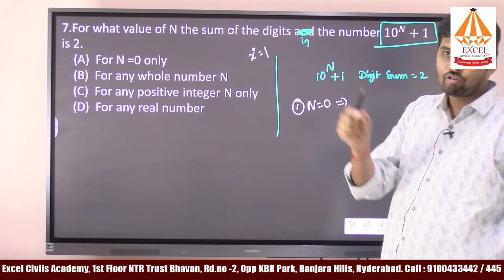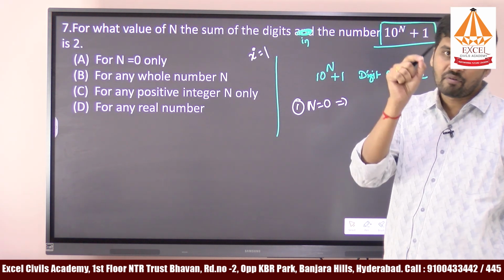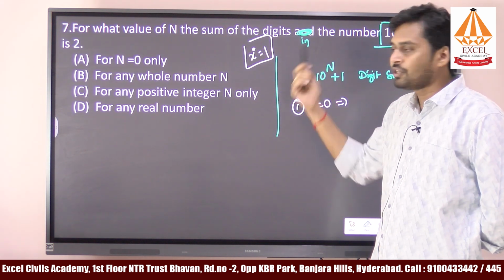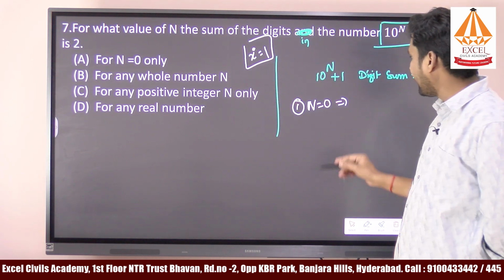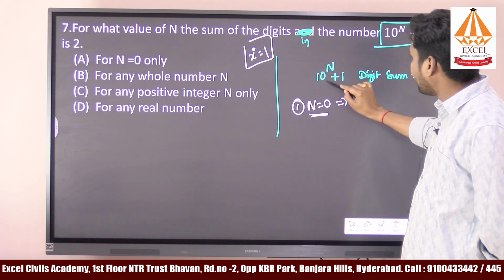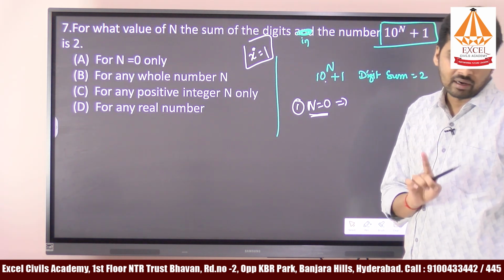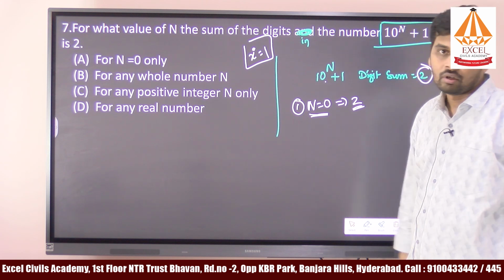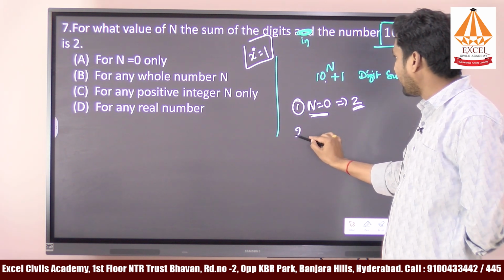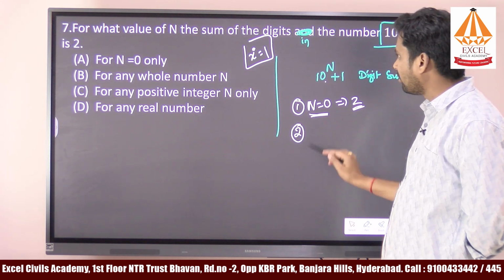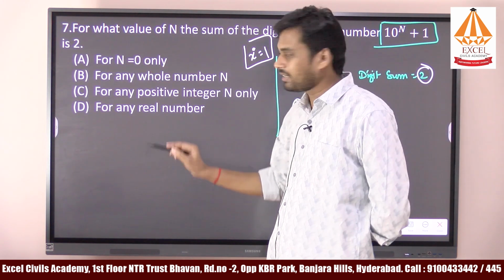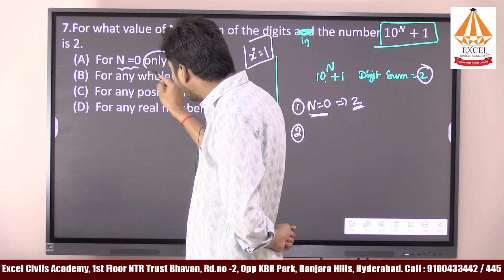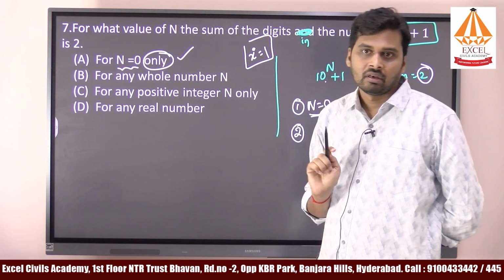If the power is 0, the value is 1. So 10 to the power of 0 is 1. 1 plus 1 is 2. So the digit sum is 2. So for n is equal to 0, we are getting digit sum 2. Correct. But here, if you look at this condition, for n is equal to 0 only is given.